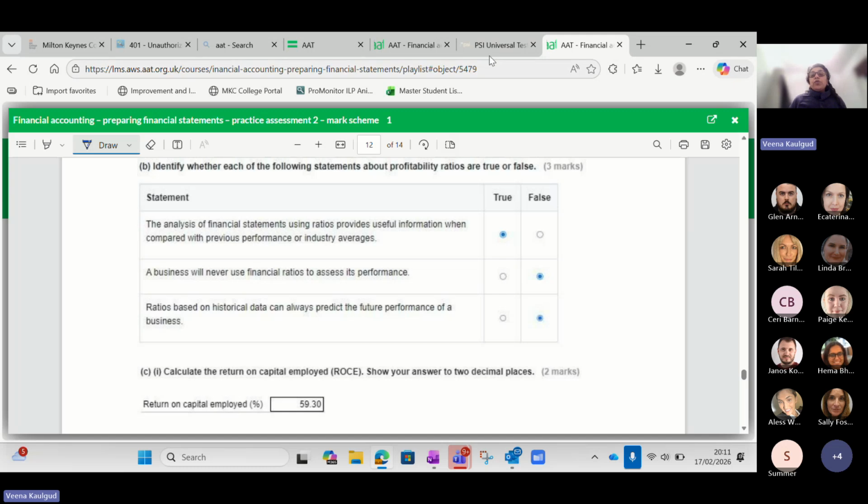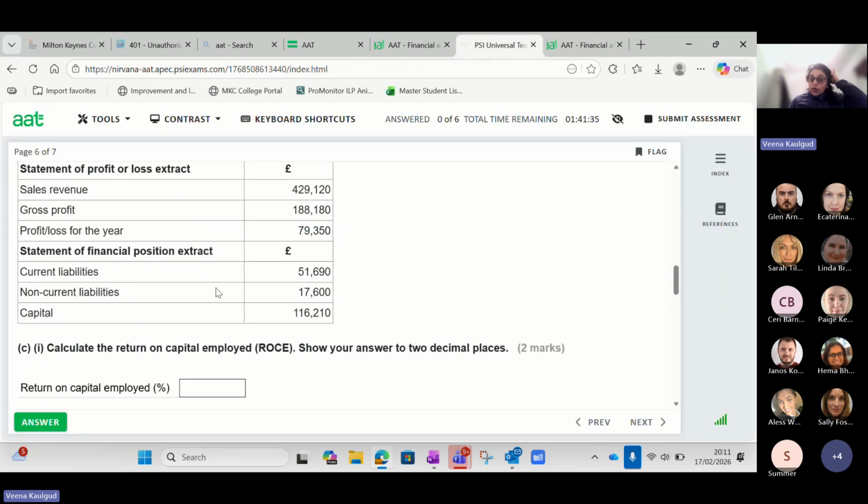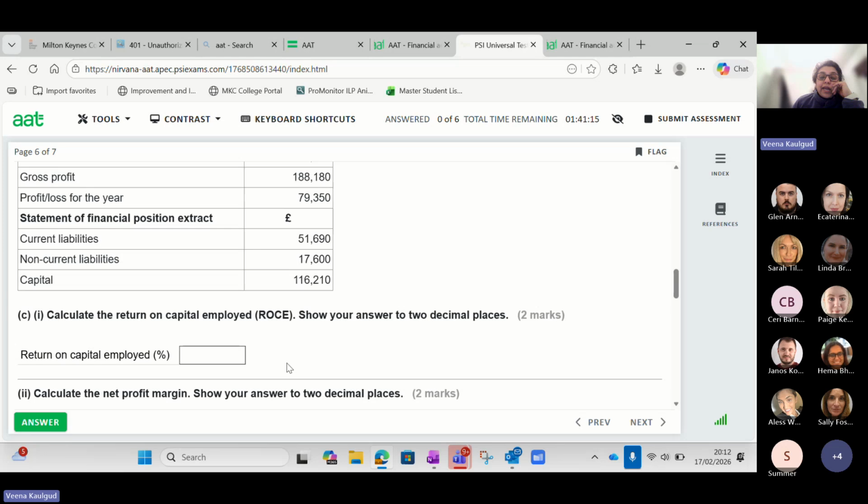So what formula have they used? Return on capital employed is equal to profit divided by NCL, which is the non-current liabilities, plus capital. Don't take current liabilities. Take the profit divided by these two, multiplied by 100 for the percentage. That should give you 59.30.